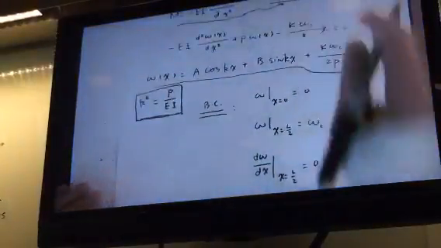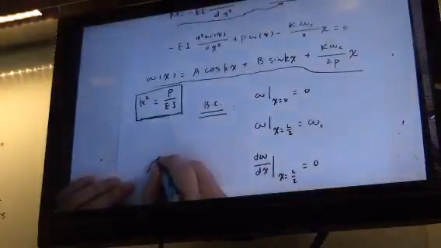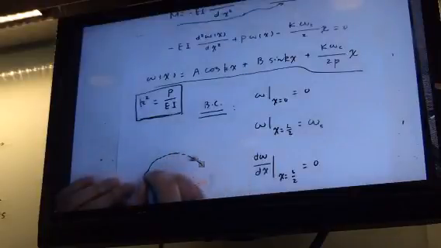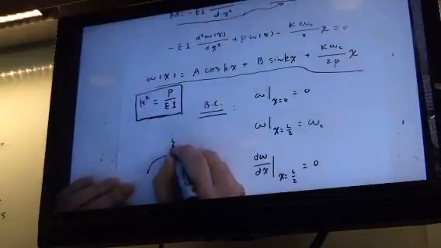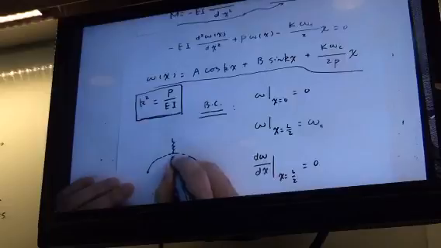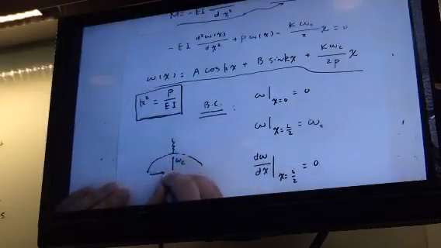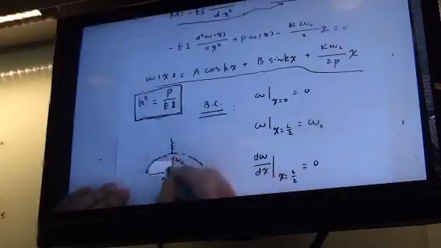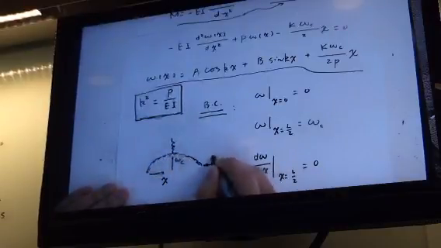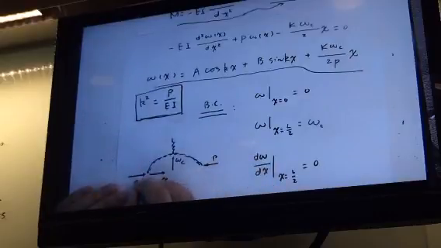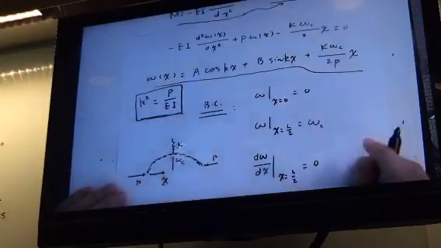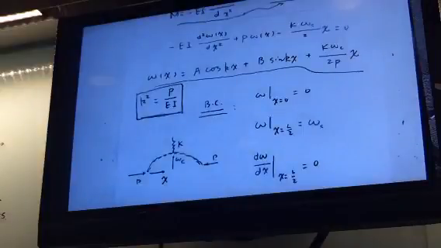Why do you have such boundary conditions? Because this is the deformed shape. w_c is here, this is x, and this is the loaded P. At this end, there's no deflection.